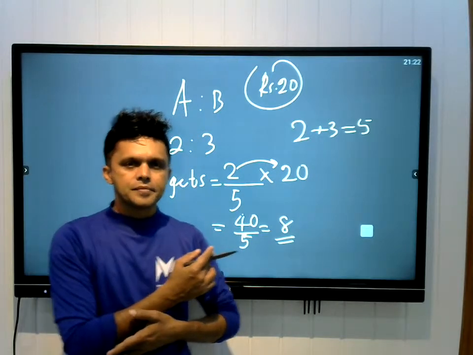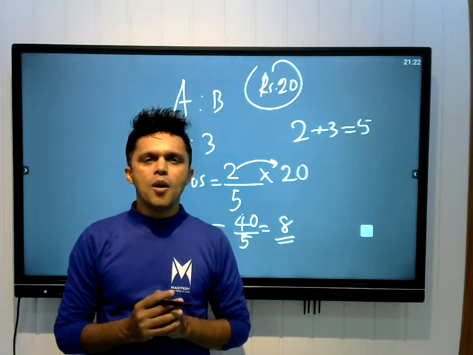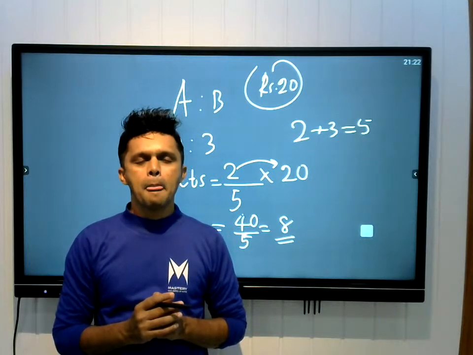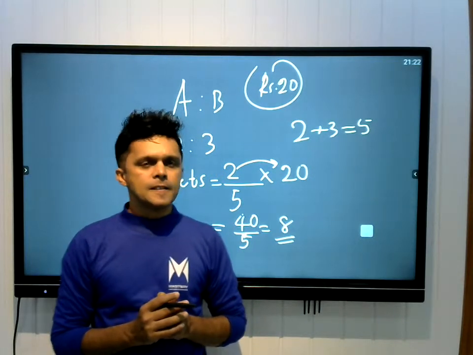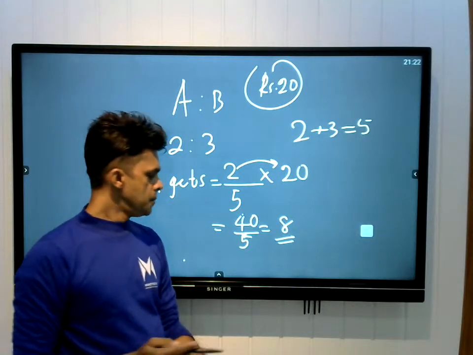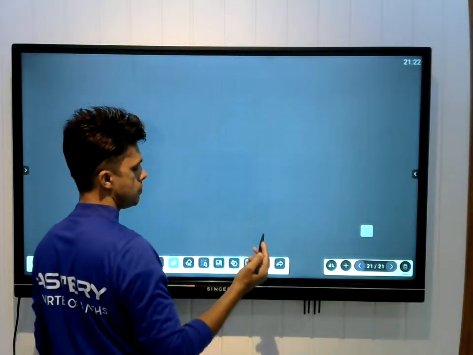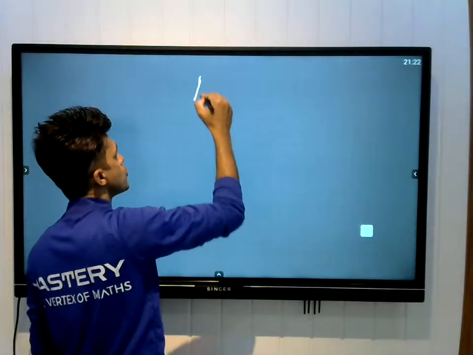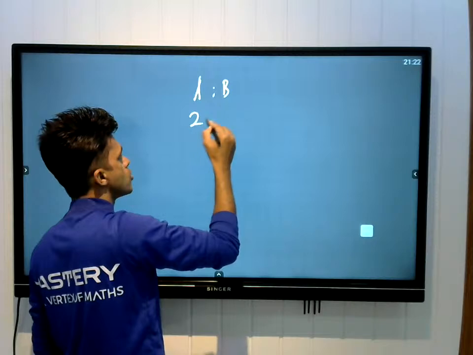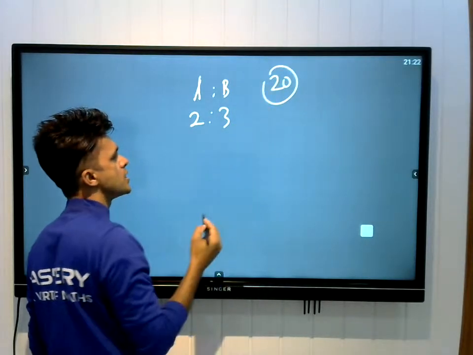So how do you get the amount taken by B? Think of it. The ratio was 2 to 3, and the divided amount was 20 rupees.